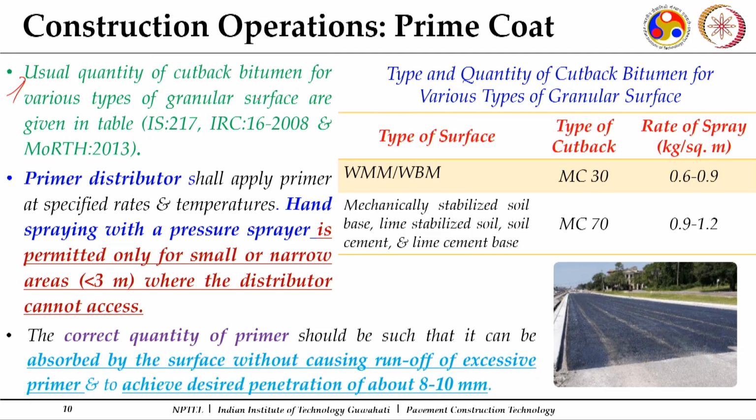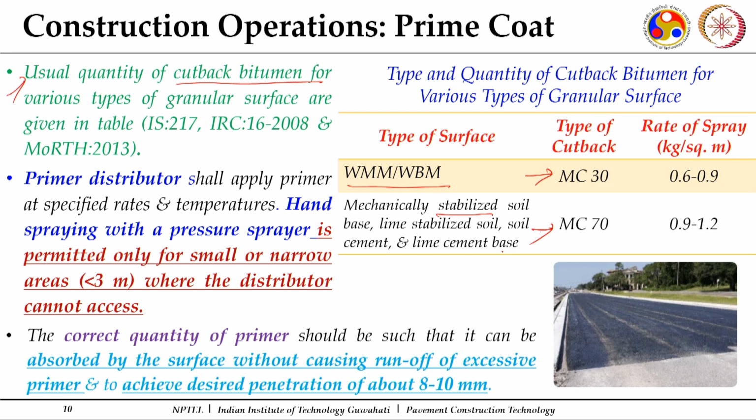So, it says usual quantity of cutback. Now, similar to the quantities we have for emulsions, slow setting grade SS1, we have quantities specified if you are using a cutback bitumen also. For various granular surfaces, even for wet mix macadam and water bound macadam, and for the mechanically stabilized soil base, lime stabilized soil and lime cement base, it says you can use medium curing.